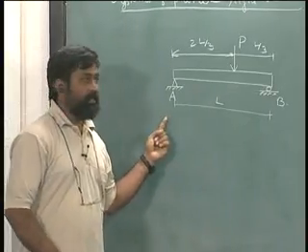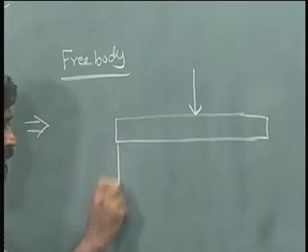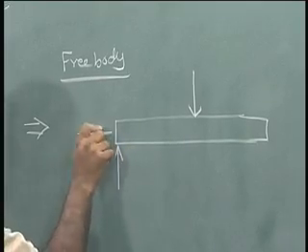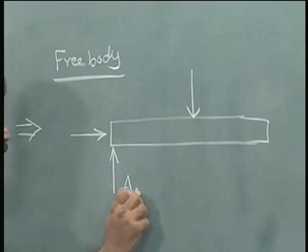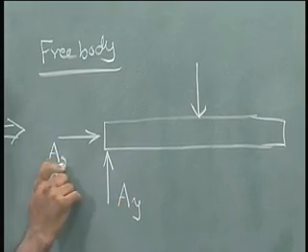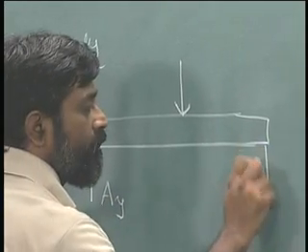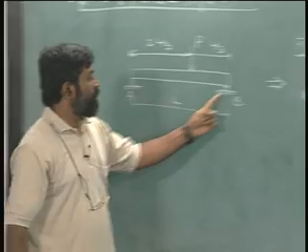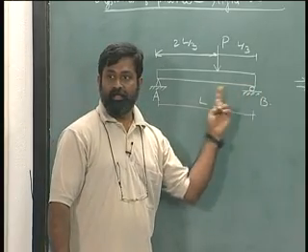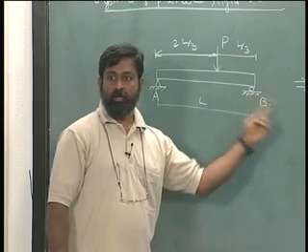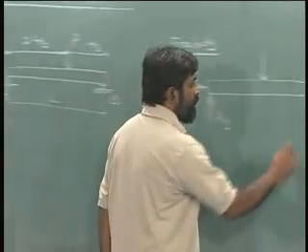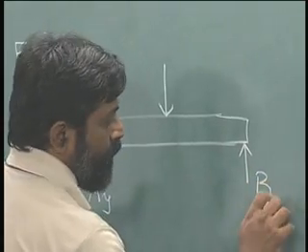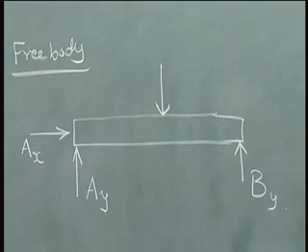Removing this support, I will have 2 reactions, one like this and the other like this. Let us call this Ay and this Ax. Another reaction over here, since it is a roller support, does not restrain movement along the x direction, and therefore let us say this is By, and this is a force P.